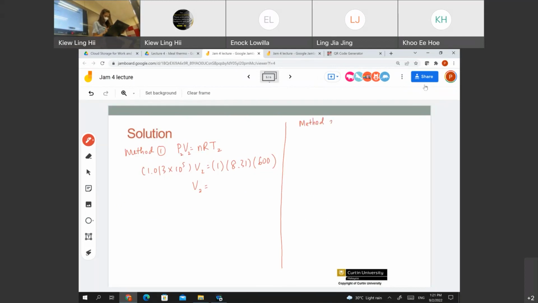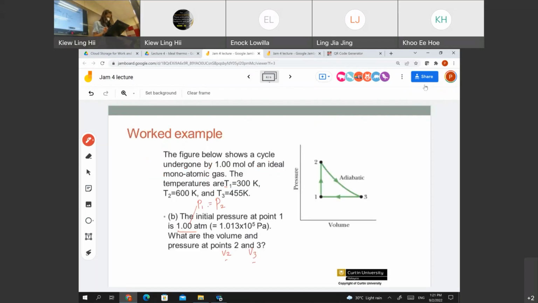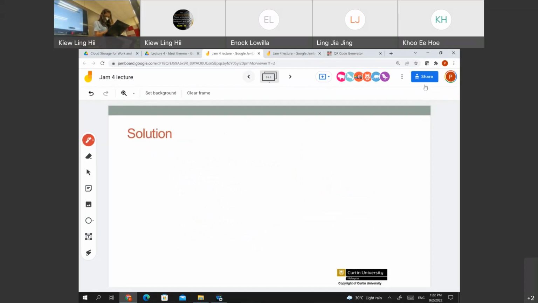So another method that you can look for is by using P1 equals P3, because this is isobaric. Isobaric is at process 3 to 1.